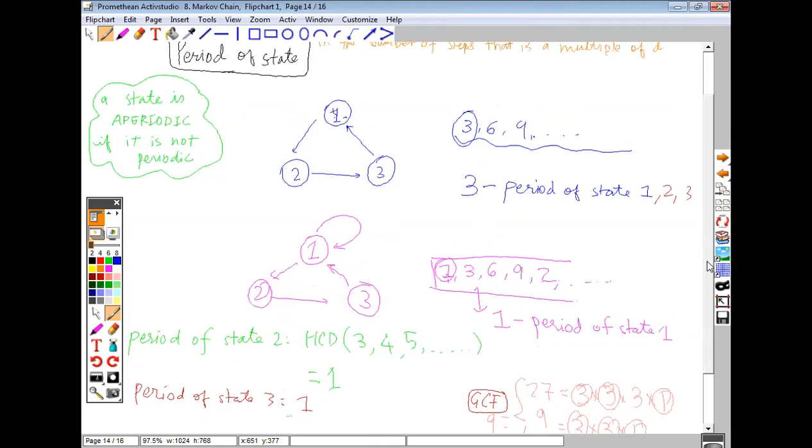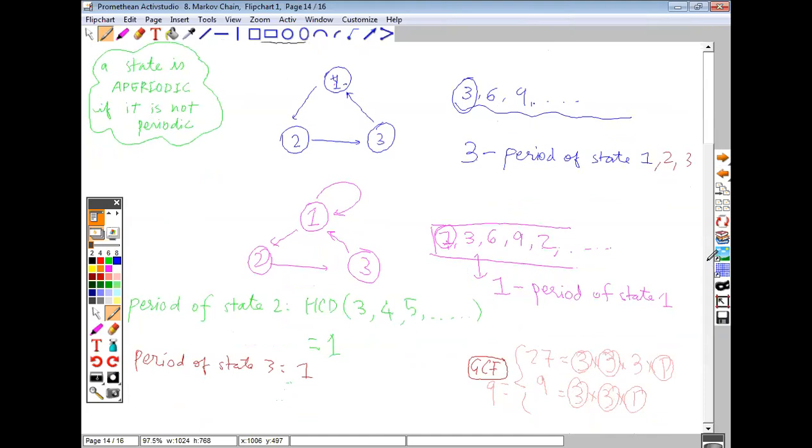So that was it. And then we also saw that if there is a self-referencing loop for any one of the states in the chain, then you can easily see that that particular state is going to be aperiodic. And because if it is irreducible, you can also reach any other state from any state.